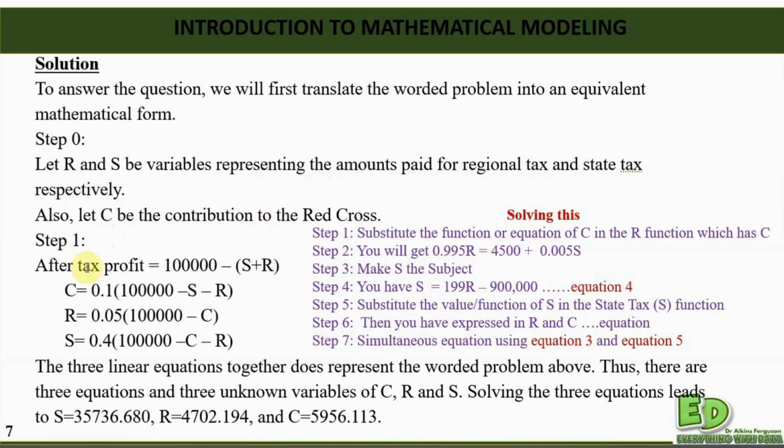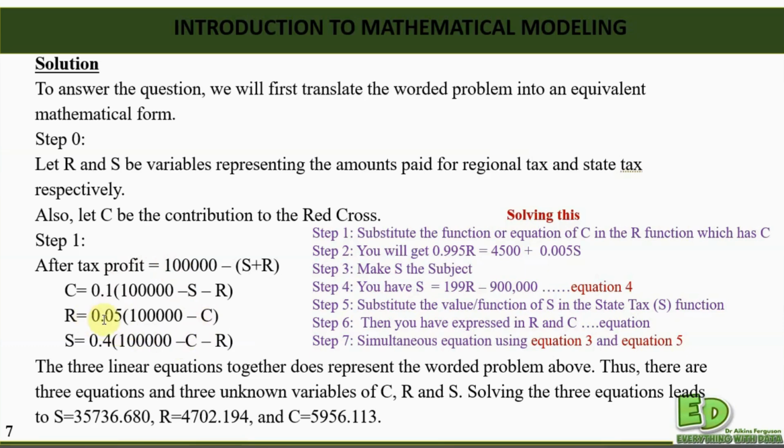So step one is to get your after tax profit. You say that after tax profit is your 100,000 here minus the state tax minus the regional tax, and the contribution is equal to 10% of the after tax profit.